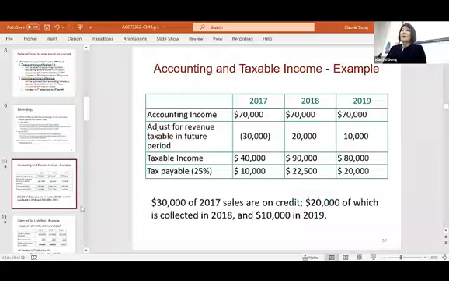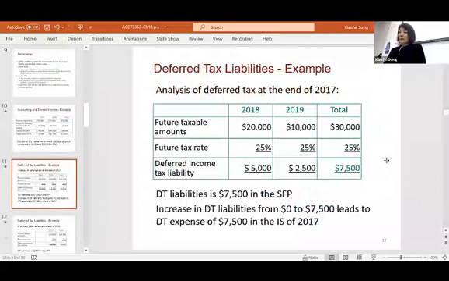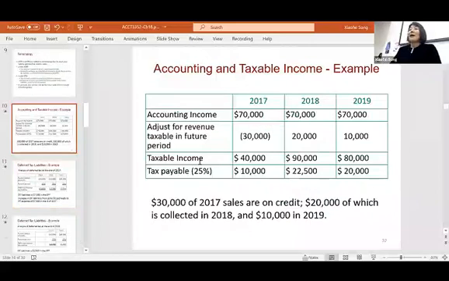So this is an example. There's information here. What it tells us is this company has accounting income of 70,000 each year for all 3 years, 2017, 2018, 2019.